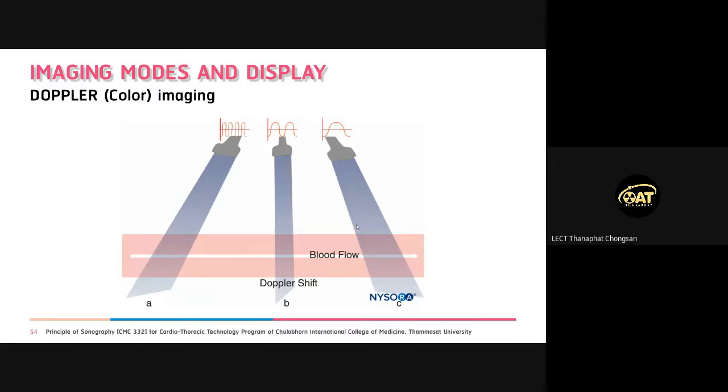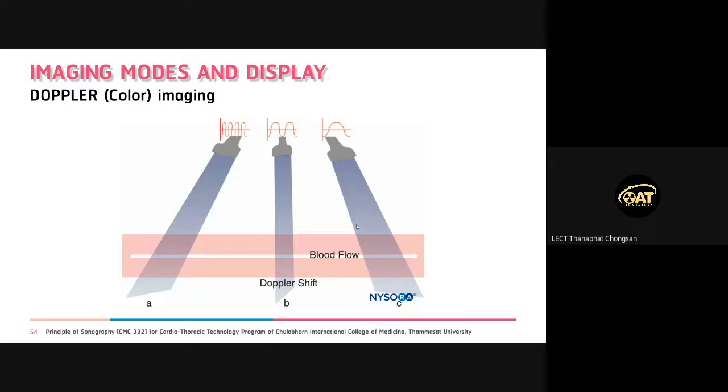If the sound wave moves against the blood flow, we get a high intensity image. On the other hand, if the sound wave moves in the same direction as the blood flow, we get a low intensity image.